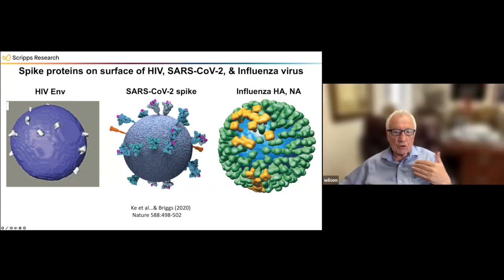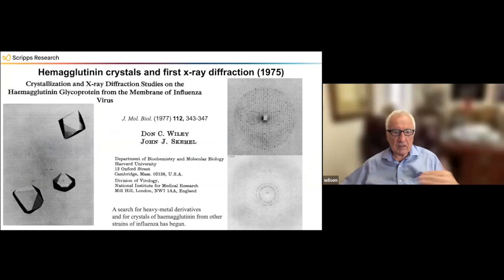So we have to go all the way back to 1975, where Don Wiley and John Skehel produced these crystals of the hemagglutinin glycoprotein from influenza virus. In fact, what John Skehel did is he basically grew up the virus in chicken eggs, cleaved off the hemagglutinin with an enzyme called bromelain, and purified it in sufficient quantities to enable crystals to be formed.